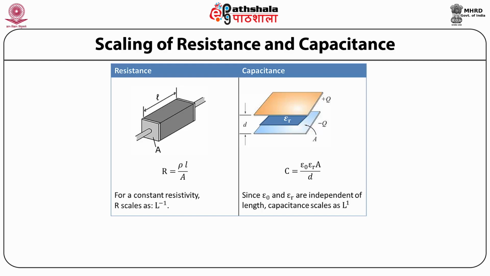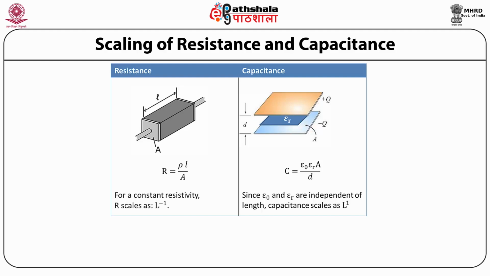In the case of capacitance, as shown in this figure, there are parallel plates, each of cross-sectional area A, separated by a distance D, and in between is a dielectric medium having a dielectric constant epsilon R. So C is equal to epsilon naught epsilon R A by D. Hence, capacitance scales as L to the power 1.